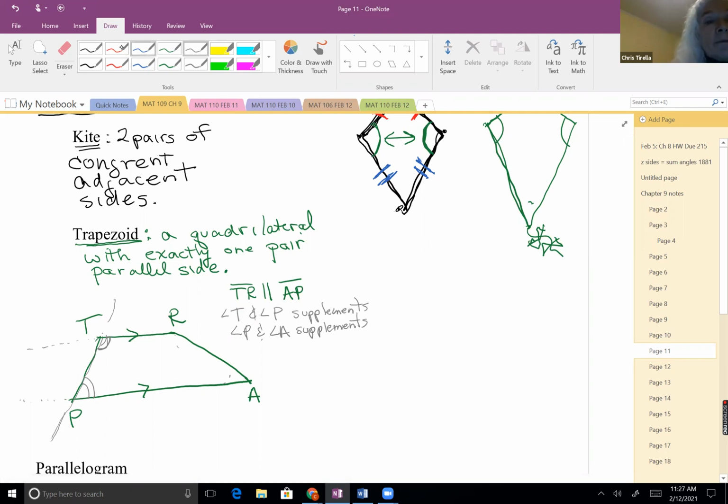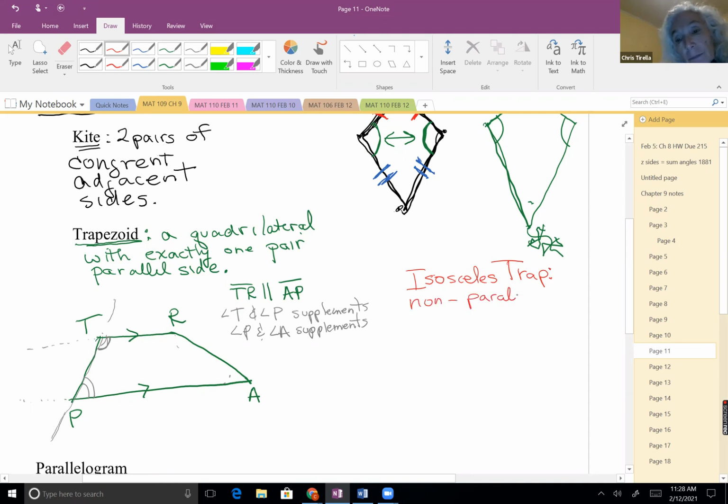There is one type of trapezoid that you focus on a little bit more, and that's an isosceles trapezoid. I misspelled it. ISOSCELES trapezoid. And in an isosceles trapezoid, the non-parallel sides are congruent.